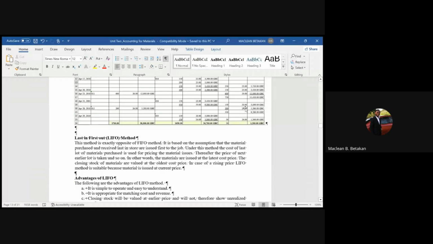So the amount is 1,300. If you are using the FIFO method, the closing inventory at the end of April is 50 units and the amount is 1,300.